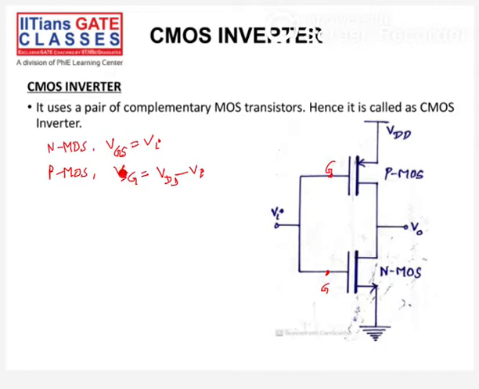In each and every question, we first need to calculate VGS or VSG. If it is NMOS, VGS we need to find, and if it is PMOS, VSG we need to find. This is our first priority to calculate. Then only we'll move to other points. These are the things shown in the figure.